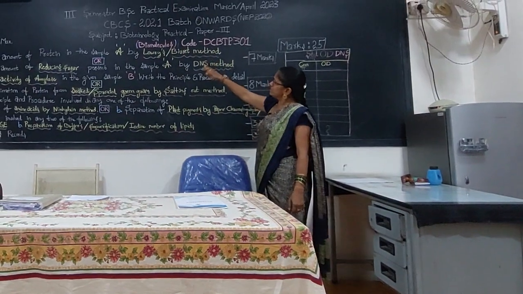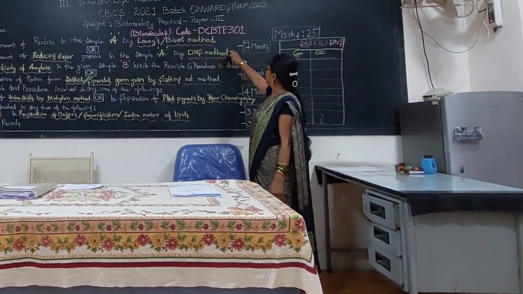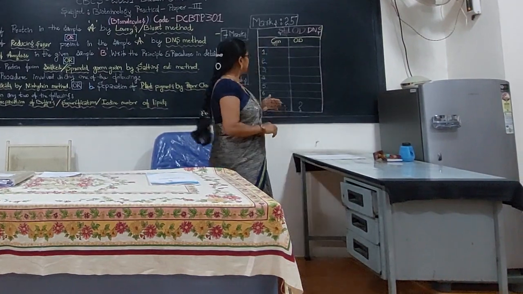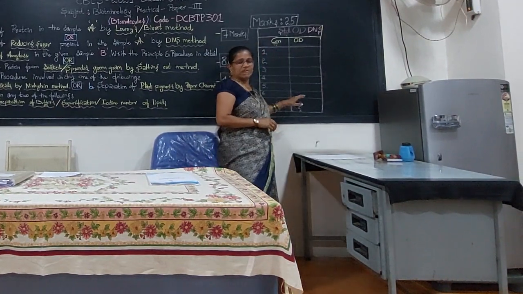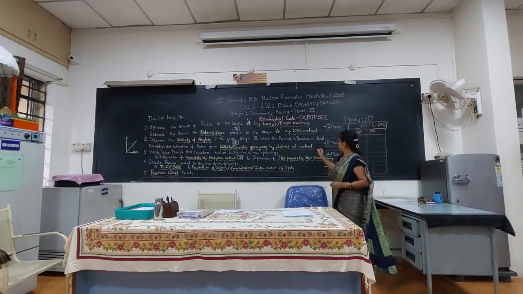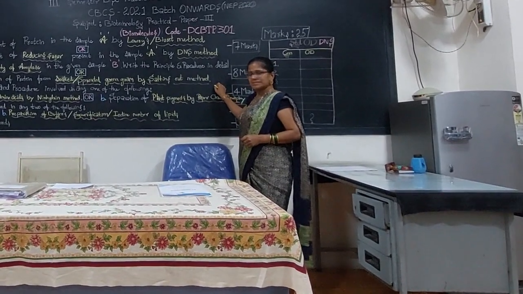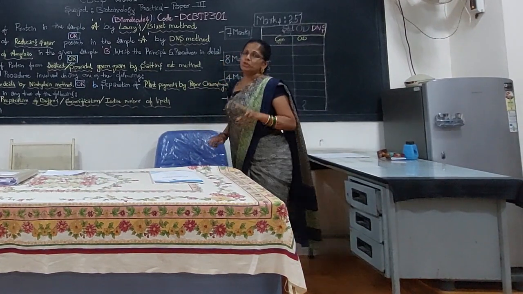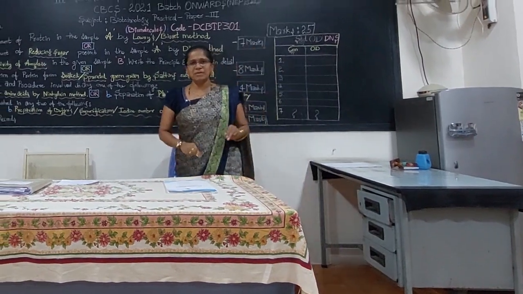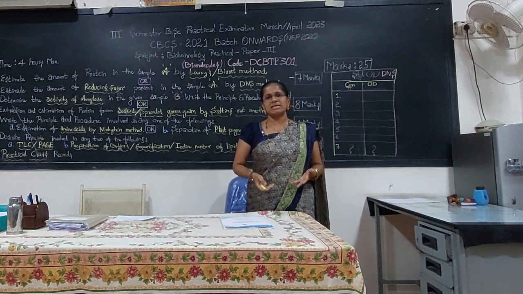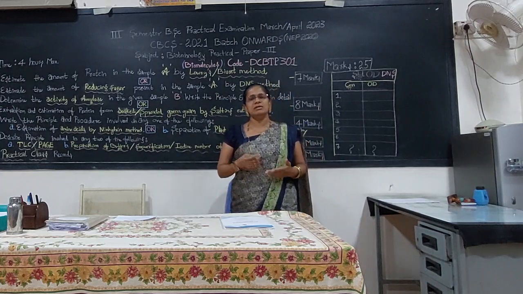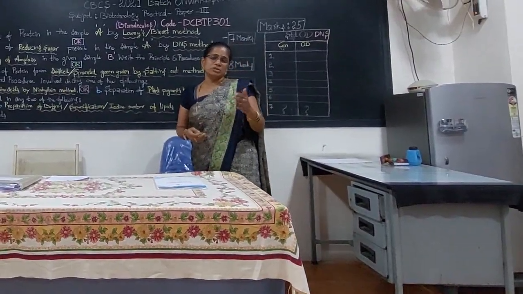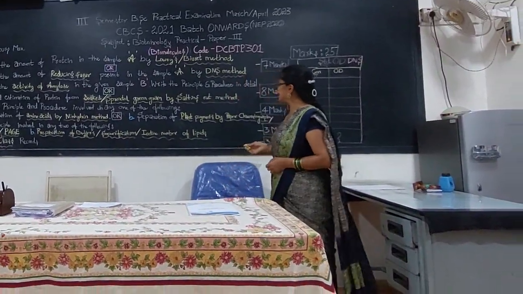For Lowry's, biuret and DNS methods, this carries 7 marks. Sometimes examiners will give standard OD. If they give standard OD, you need to plot the x-axis and y-axis and then plot the standard, and you need to perform only 2 test tubes. If the examiner is not able to give any standard OD, you need to perform all the 7 test tubes in that experiment.